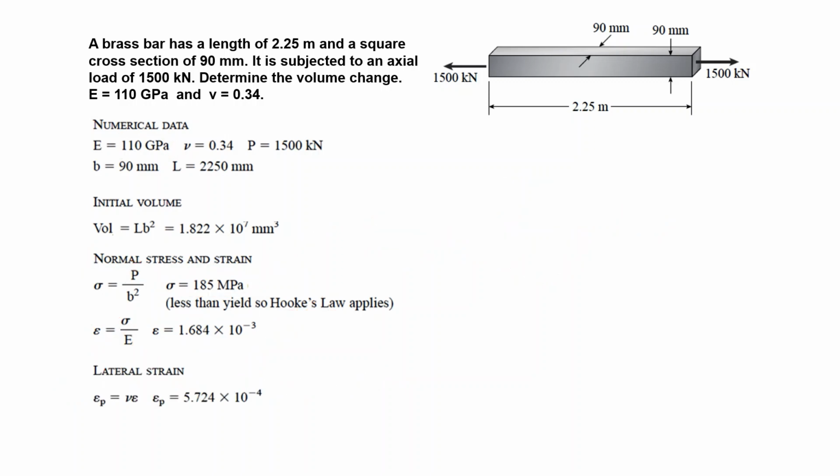Next, we have to calculate the lateral strain. So it is elongated. So the dimension 90 will get smaller. How much? The lateral is nu times epsilon longitudinal. That is 0.34 times epsilon.